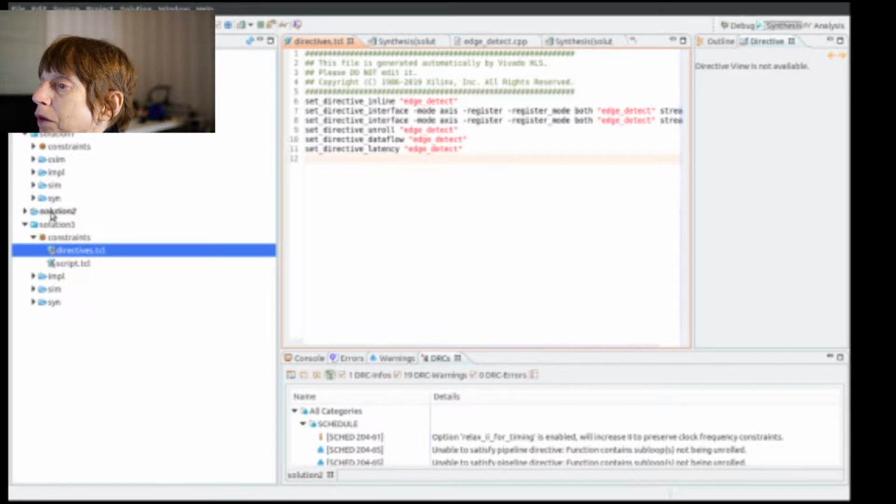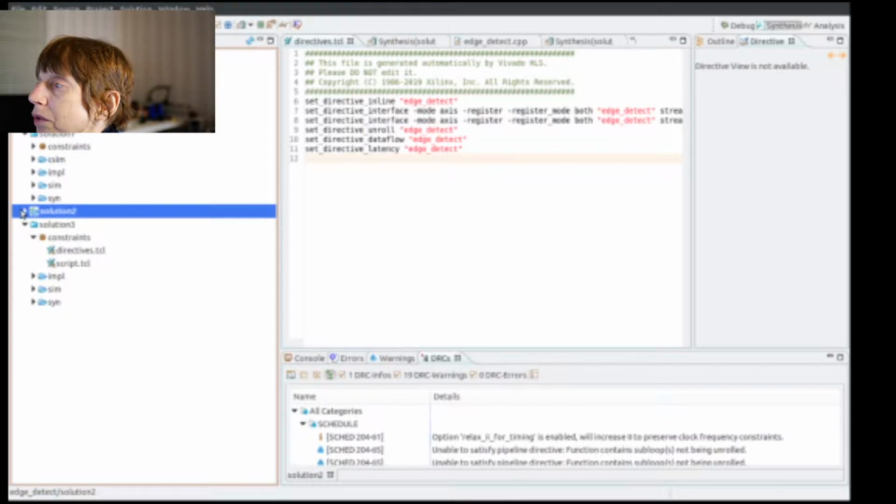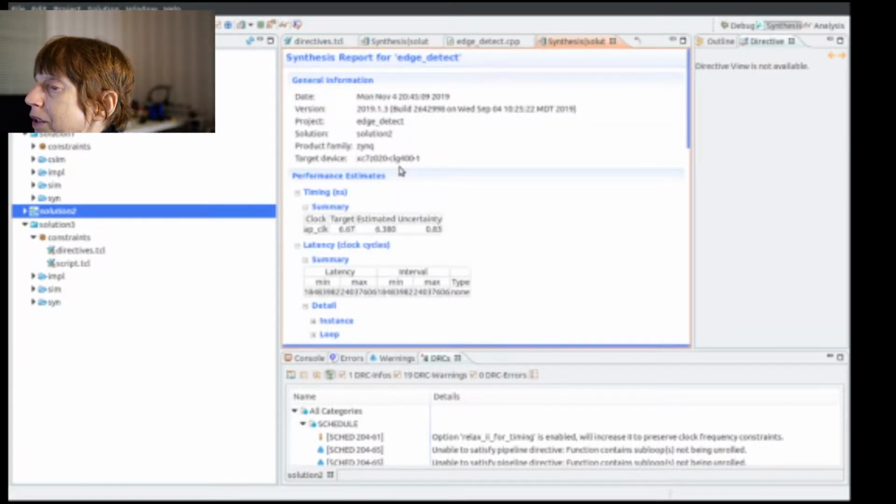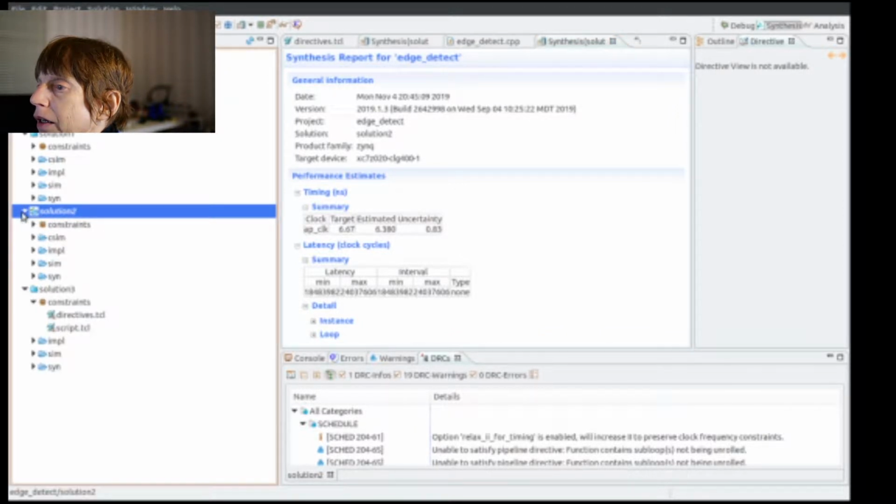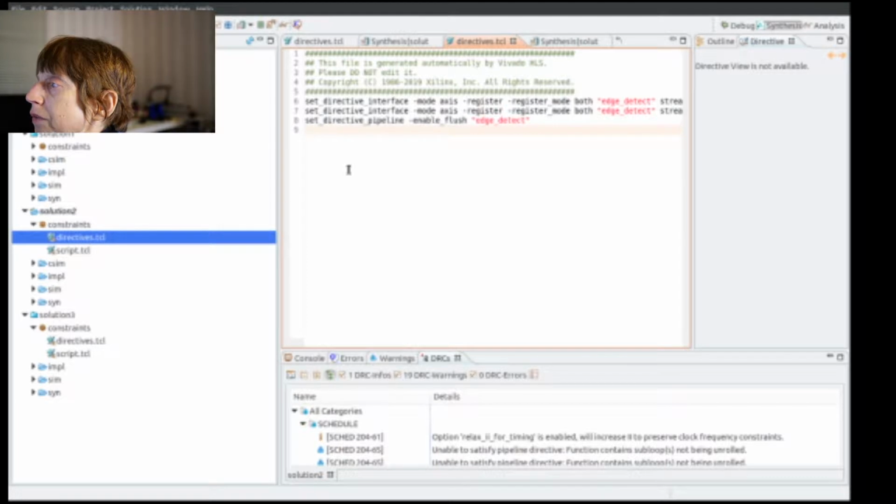So solution 2, we did get it, and with the directives, just the interface and the pipeline. But you know what?